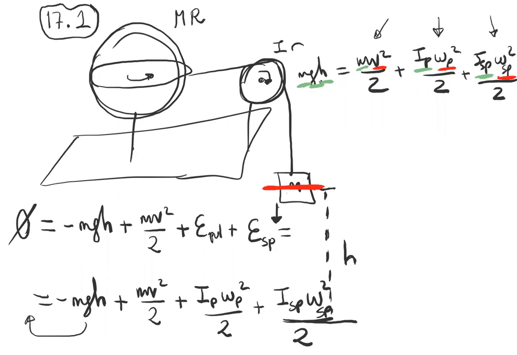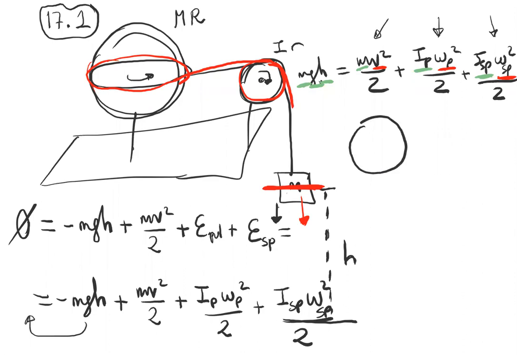But one more hint that I will give you is that since this rope is not slipping, then if you know the velocity of your box, that kind of fixes the velocity of your pulley, and it fixes the velocity of your sphere. They cannot all have some random velocities. And the formula to remember is the formula that relates linear speed with angular speed.